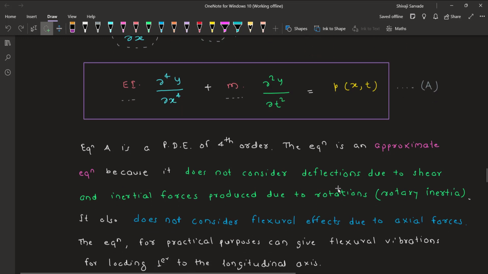That is, it is not considering shear deformations and ignoring the rotary inertia, as well as not considering flexural effects due to axial forces. So these are the limitations of this equation A. But for practical purposes and to reduce the complexities, Euler-Bernoulli theory is quite acceptable.